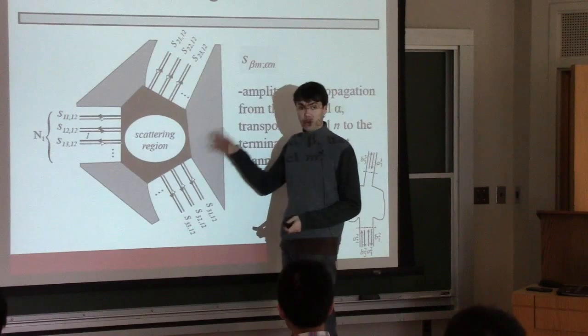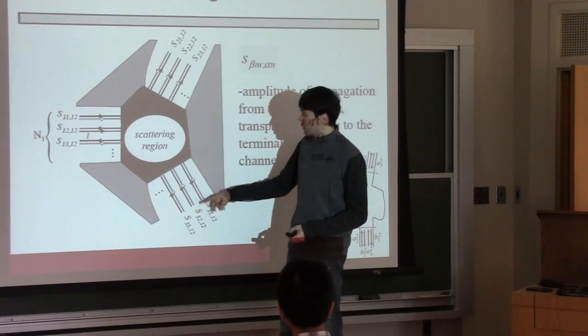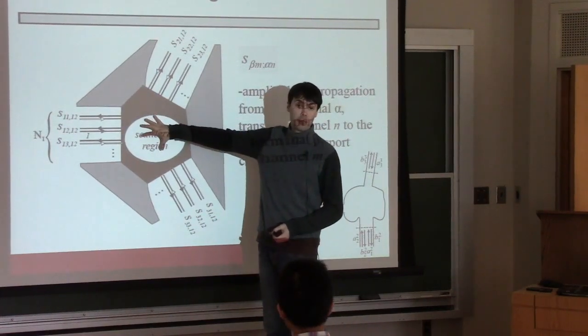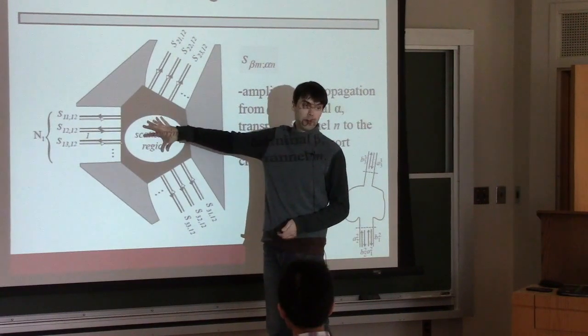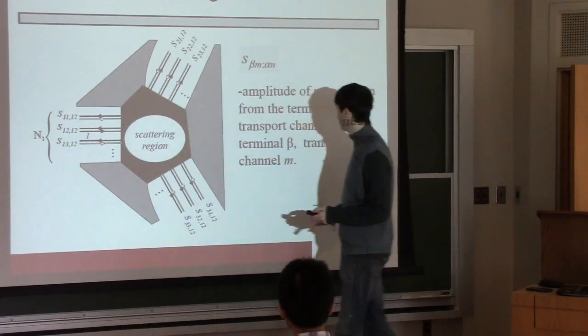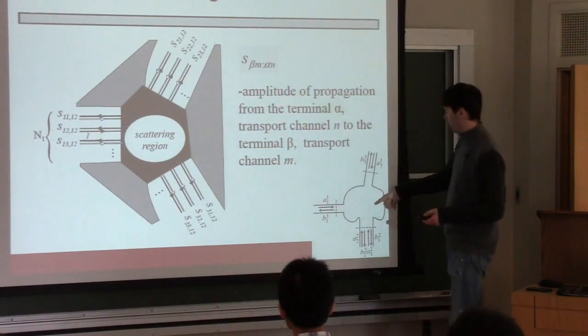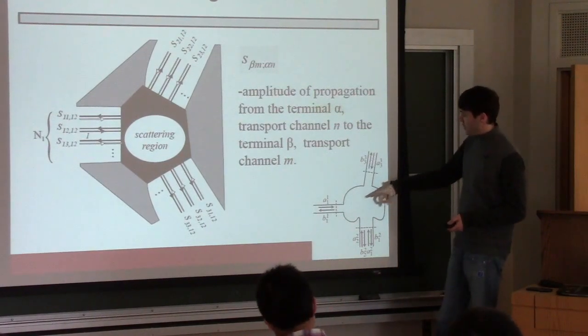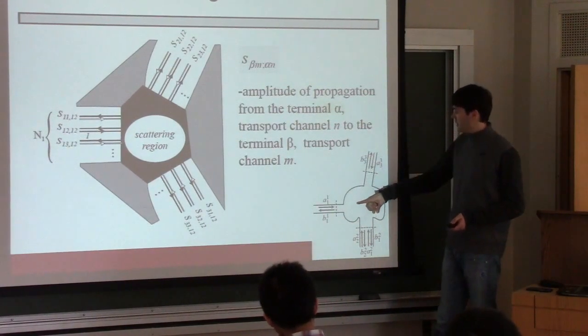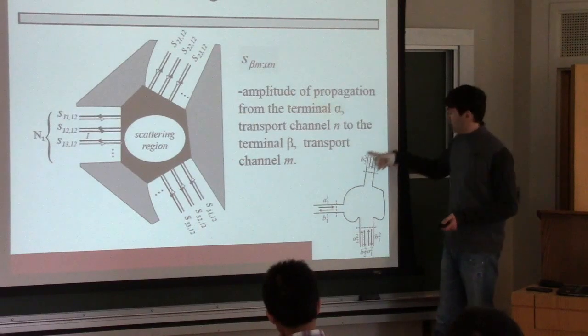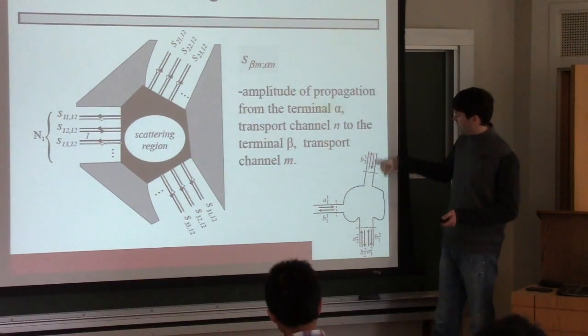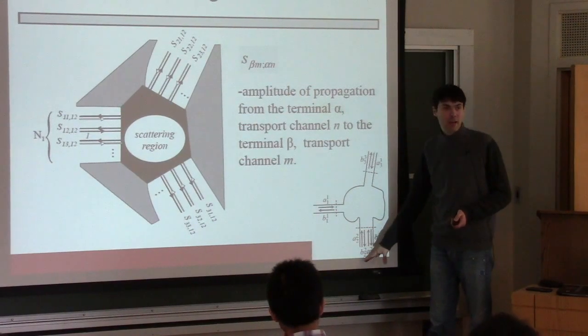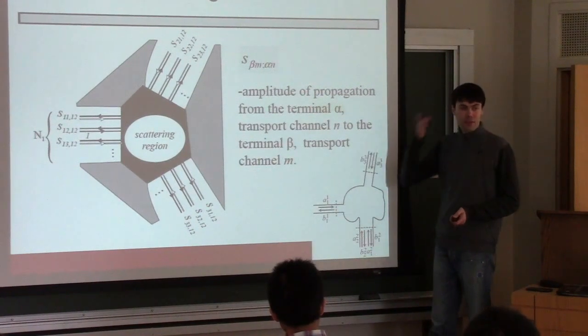If we know all these parameters, the values for all the amplitudes might be determined by what's going on here, which is your physics, whatever you want. For example, in this example, we have one mode going in from this lead, and it can also reflect. One mode going in from this lead, and it can reflect. And we have 2 channels in this lead. So what will be the dimension of the S matrix?